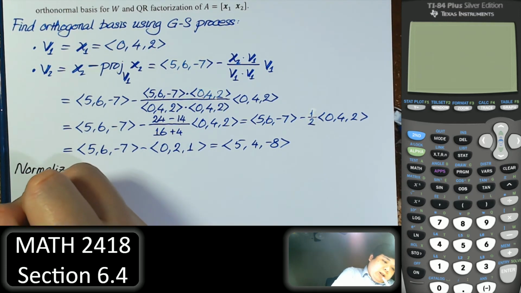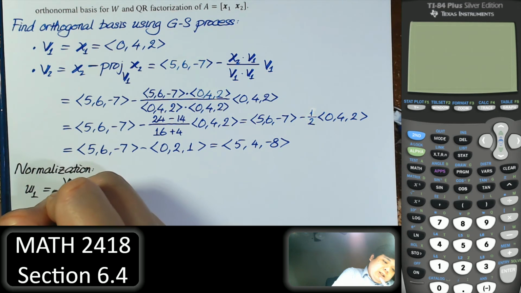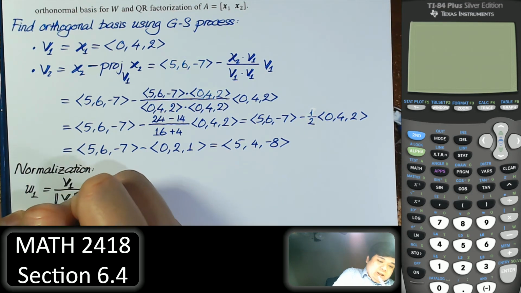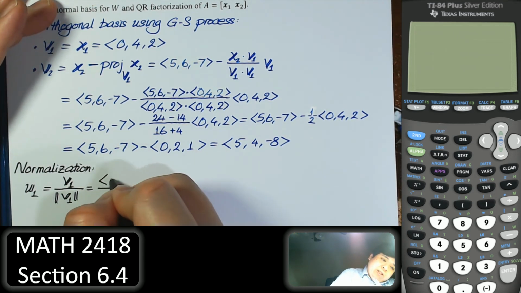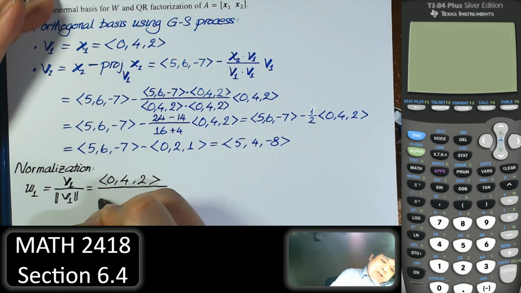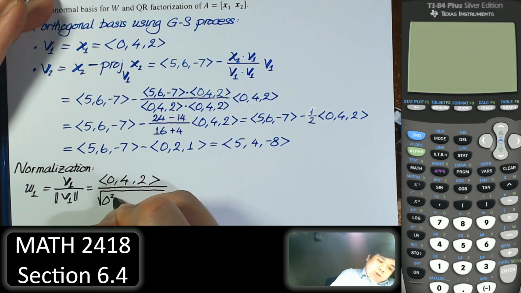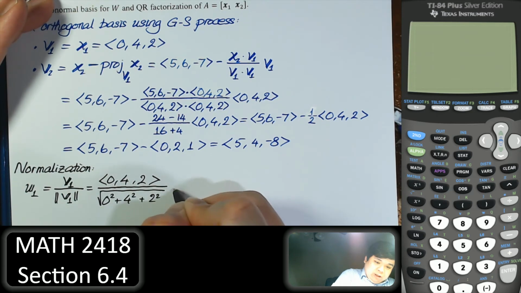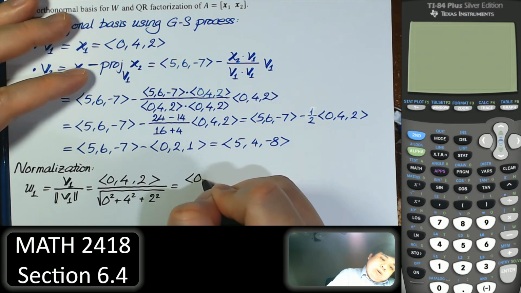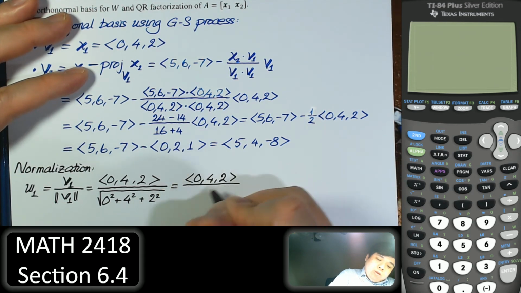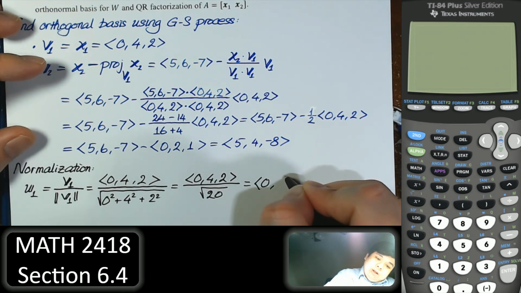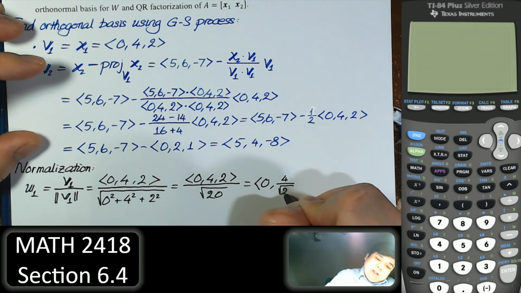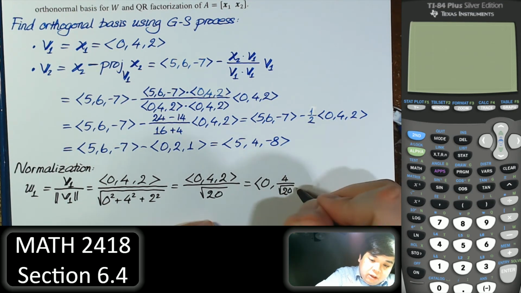So we have U1 is V1 over the magnitude of V1. So 0 squared, 4 squared, and 2 squared. That gives us 0, 4, 2 over square root of 20. So we have 0, 4 over square root of 20, and 2 over square root of 20.